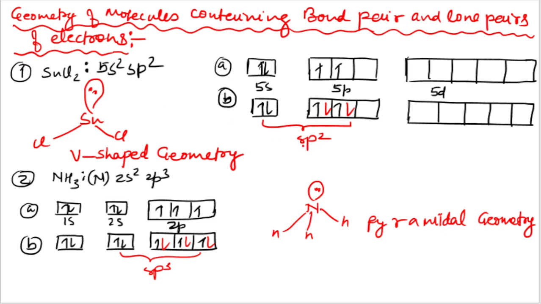Okay, so the hybridization is sp2, and the geometry for this case is V-shaped geometry. Okay, so similarly for ammonia. Ammonia has one lone pair of electrons. So this will show pyramidal geometry. For this case the hybridization is sp3.